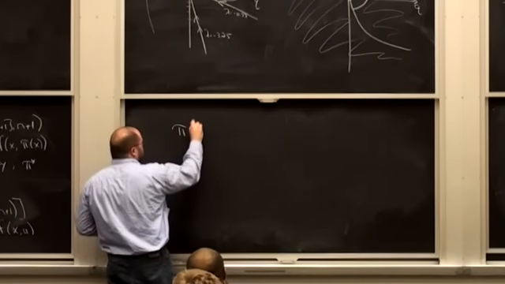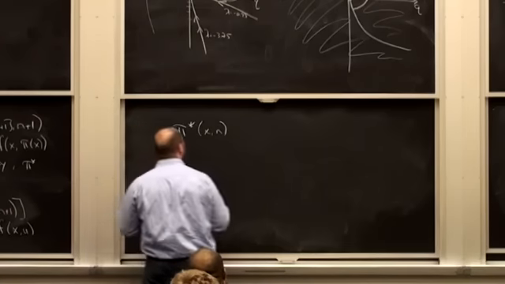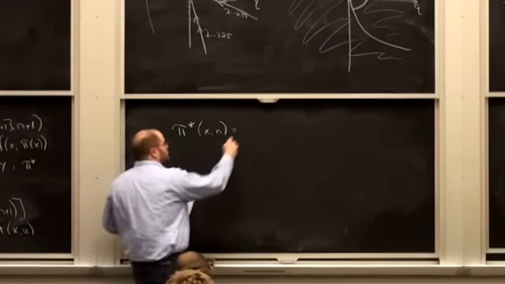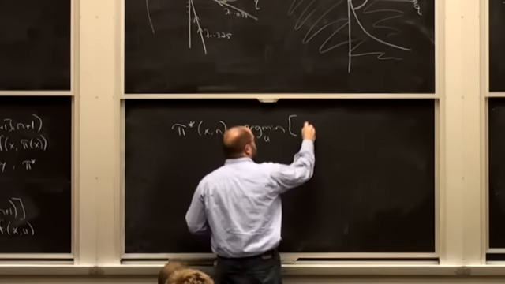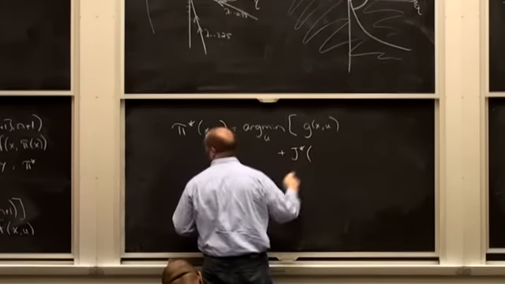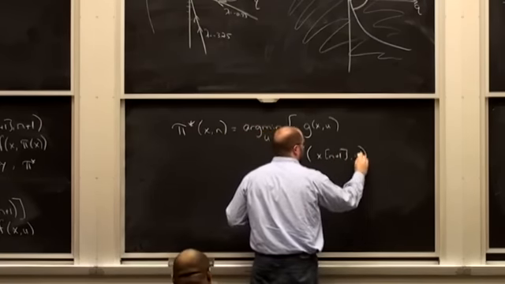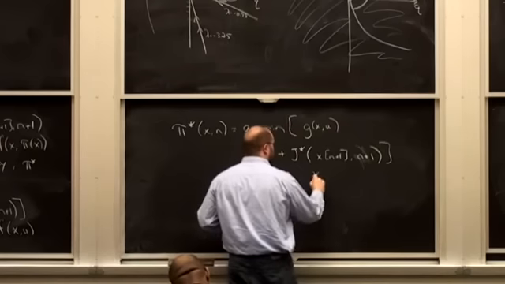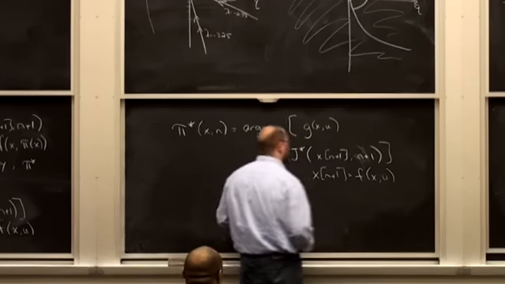The best thing to do if you're in state x at time n is just the argmin over u of g of x and u plus j star of xn plus 1 at time n plus 1, with that same xn plus 1 defined by the dynamics. Okay?